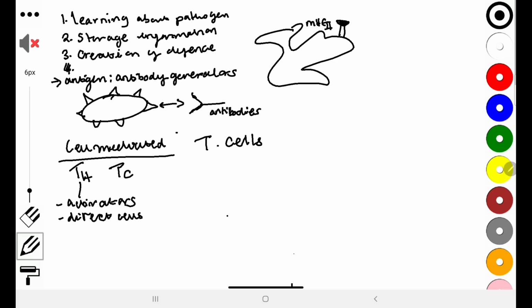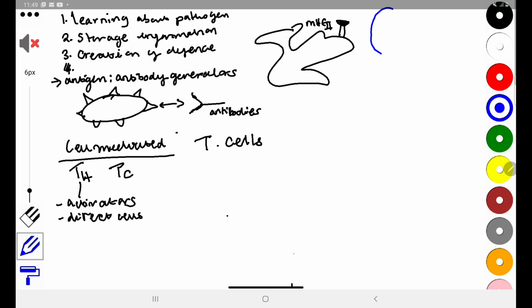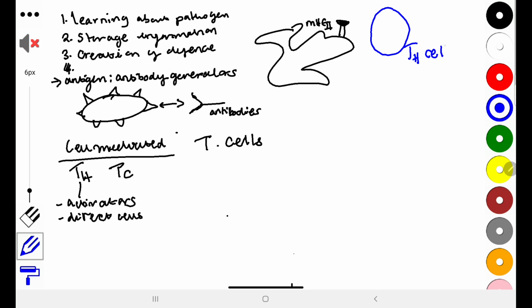So I'll put my T cell in blue, all right? So what will recognize is actually the helper T cell. So the helper T cell will recognize what is happening here and will be attracted to this particular phagocyte.